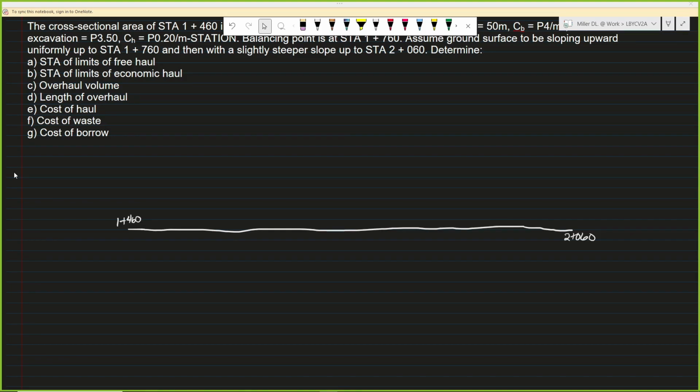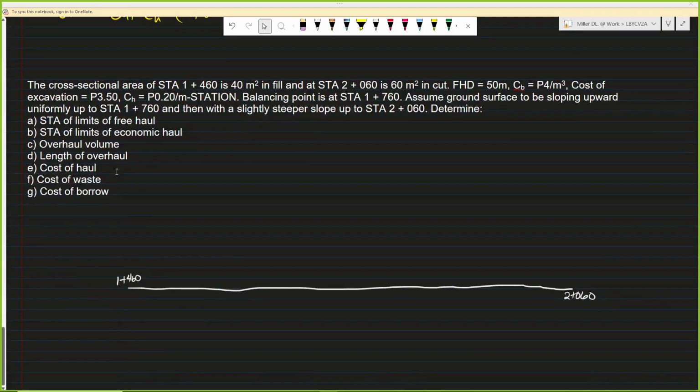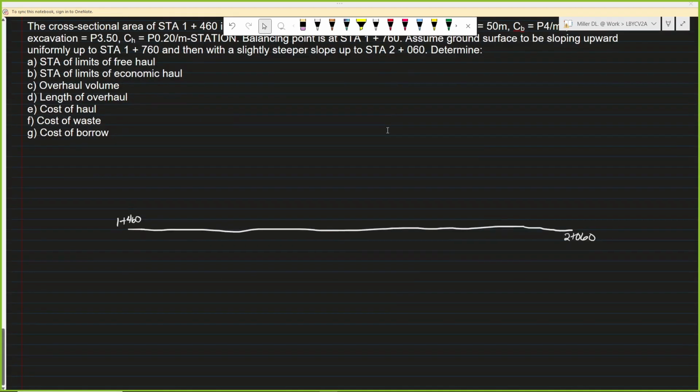We have 2,060 minus 1,460, so 600. And then the balancing point is at 1,760, somewhere here, so 1 plus 760. What is the distance from the left bank up to the balancing point?